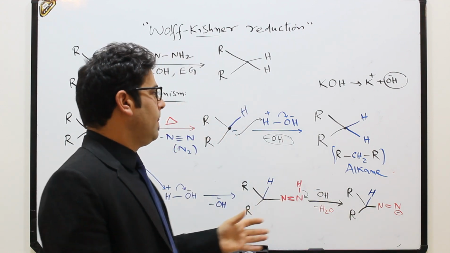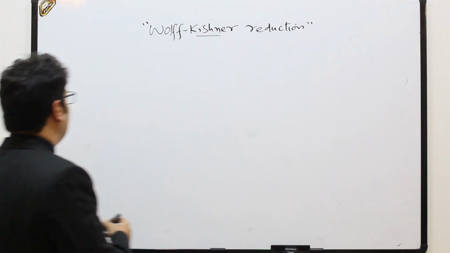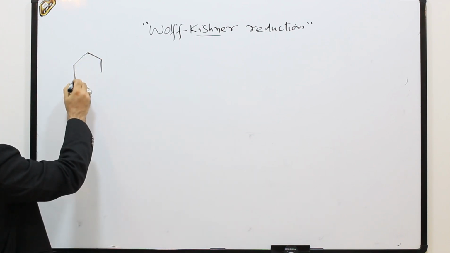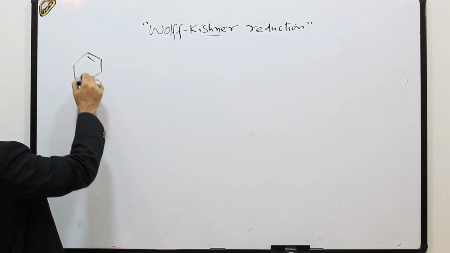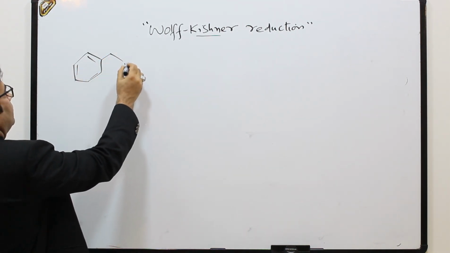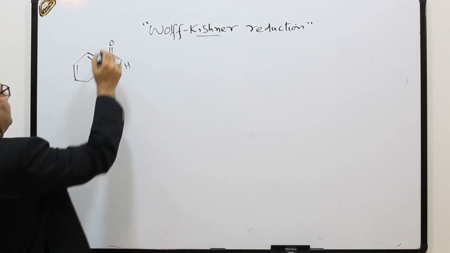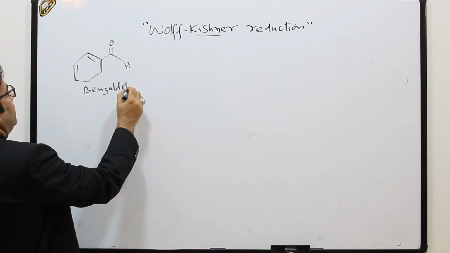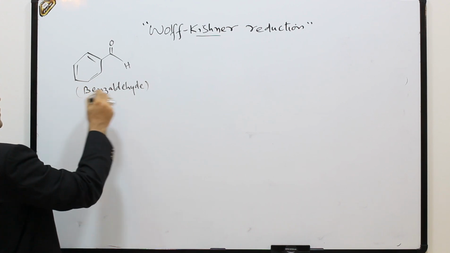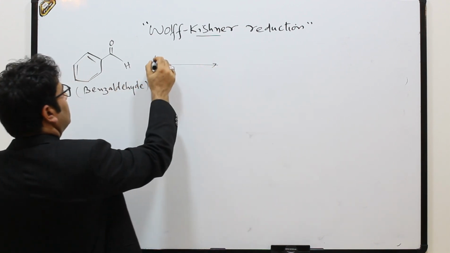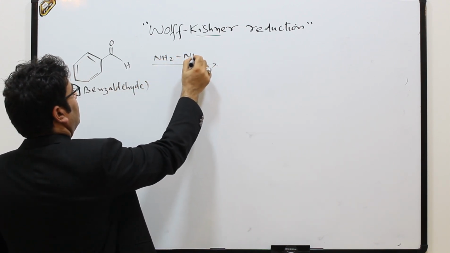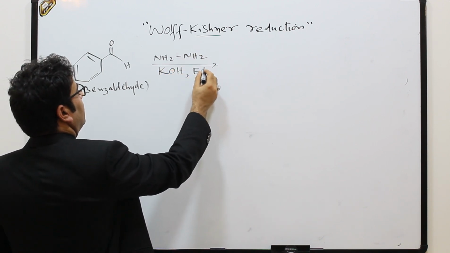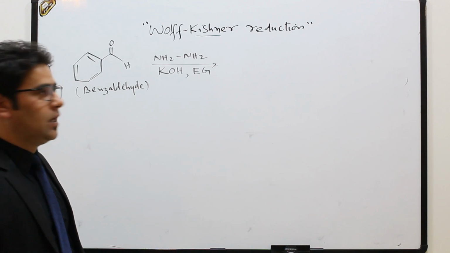This is the alkene. Now, that was the general mechanism. I will give some examples of aldehyde. What is the name? Benzaldehyde. In the presence of NH2NH2, base KOH, ethylene glycol as a solvent.